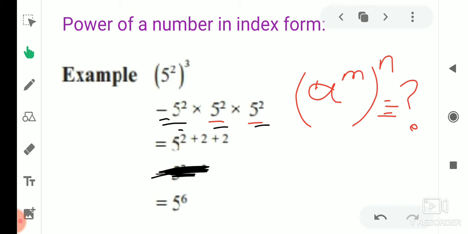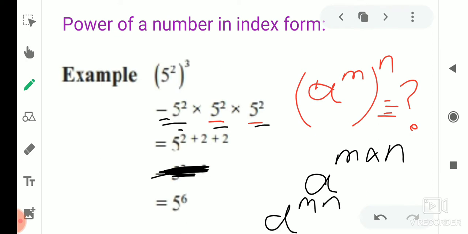What I have said is that if we are taking the power of index, then it will give the product of powers, meaning here we are taking the power of a raised to the power m. So it will give the product of powers, that is a raised to the power m into n, or a raised to power mn. Let's see some examples based on this problem.